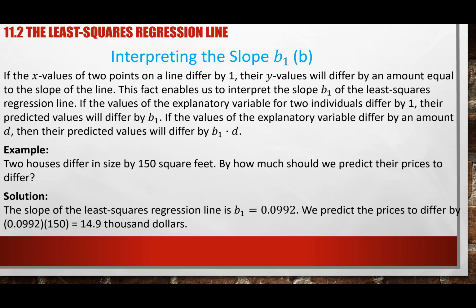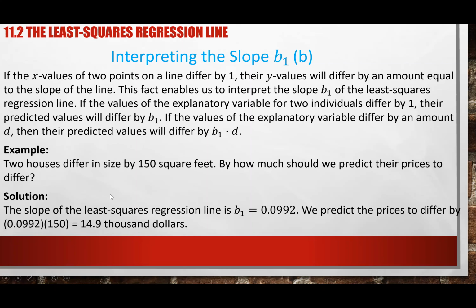This is just a shortcut. If you want to do the long way, remember what we did earlier was the 2,800. Do you agree that if I have a house that is 2,950, which is 2,800 plus 150, then you can plug the 2,950 square feet into your formula, find out whatever the price is, and take that price and subtract the previous price, and you can see that the difference is the same.